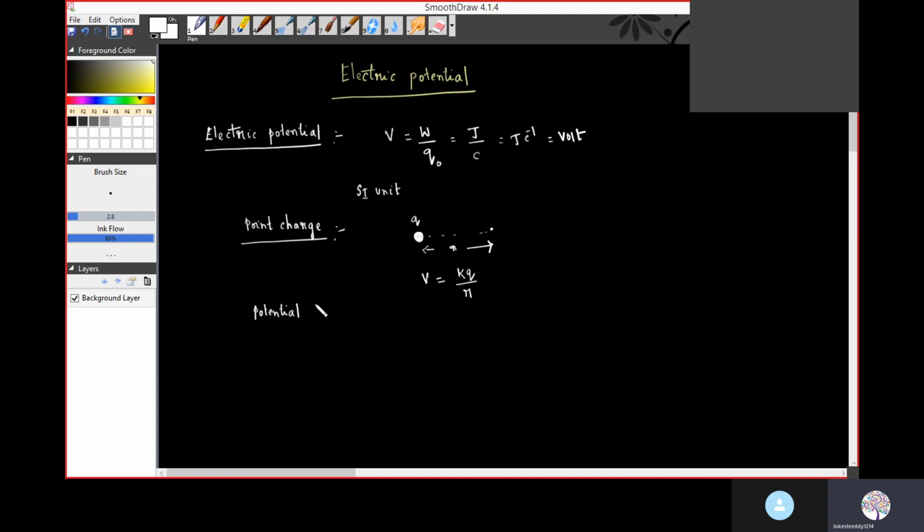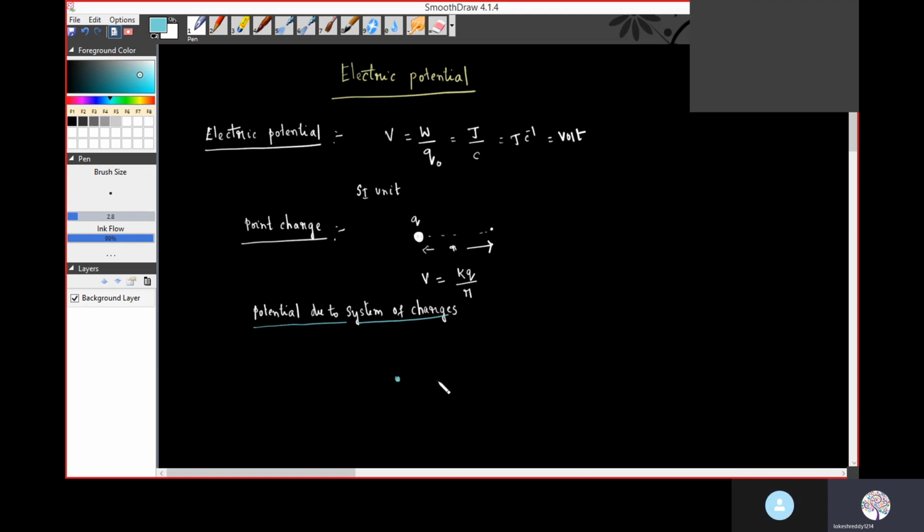Then potential due to a system of charges. Now if many charges are there, how do we calculate the potential?